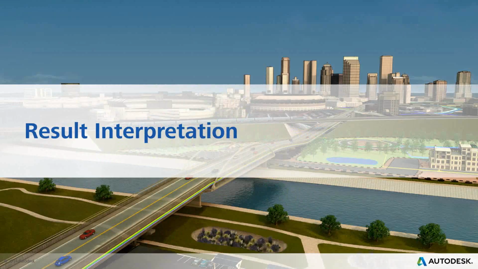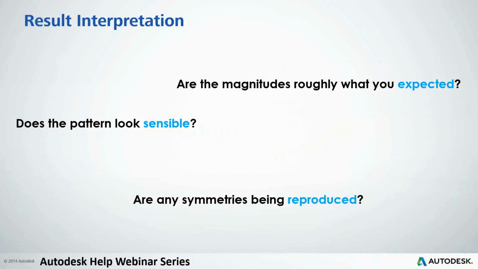So moving forward into actually interpreting the results. Whenever you're looking at a deflection result, whether it be a traditional, say, all effects result, or maybe a more complex one, say the modal shape result, you want to ask yourself a couple questions.